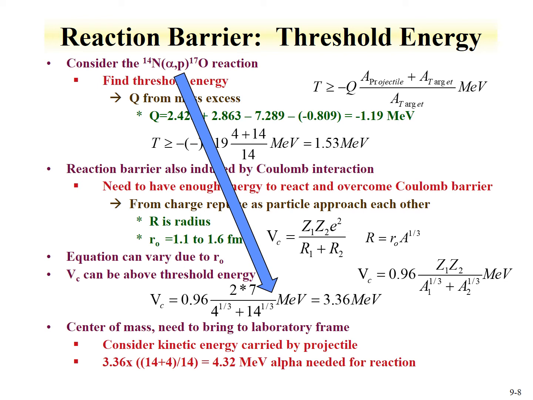This is a center of mass equation, and we need to convert this into a laboratory frame, so we multiply the terms by the ratio of the target plus projectile divided by the target, and we see that what's needed in the laboratory is an alpha particle with an energy of about 4.3 MeV for this reaction to occur, which is what Rutherford was able to see.